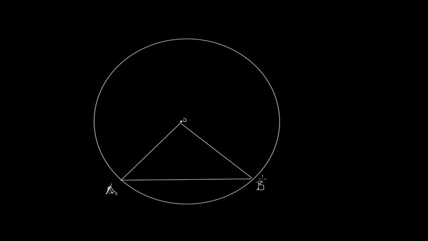Okay, the first principle that we're going to look at says that when you have a triangle formed in a circle, with lines moving from the circumference of the circle to the center, joining at the center, the angles at the circumference of the circle are always equal.